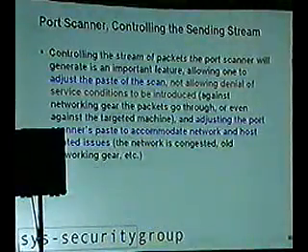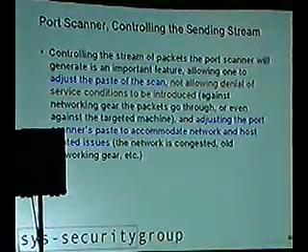Everybody has their own way of solving this. We thought it's better to allow the users to specify whatever time interval they want between the packets that the port scanner sends. And of course, that's an important issue: not producing a denial of service on your own machine.